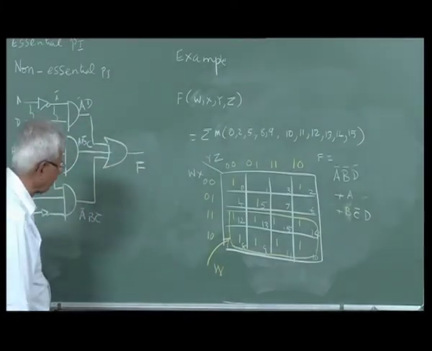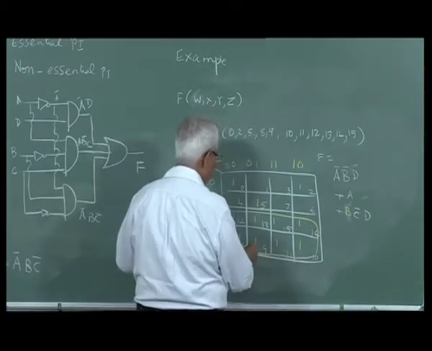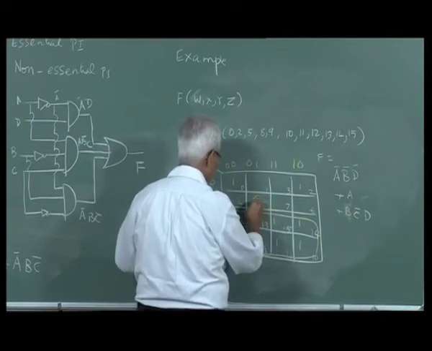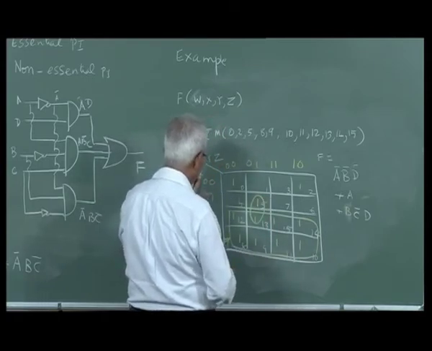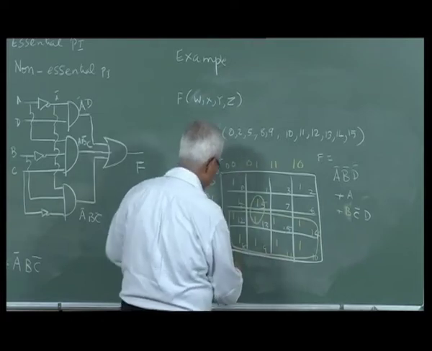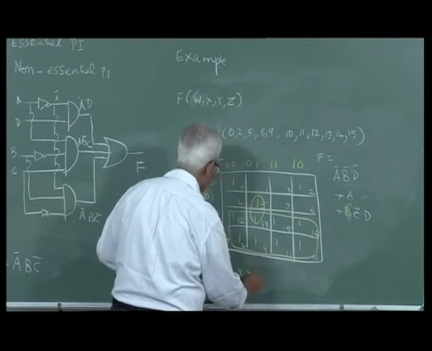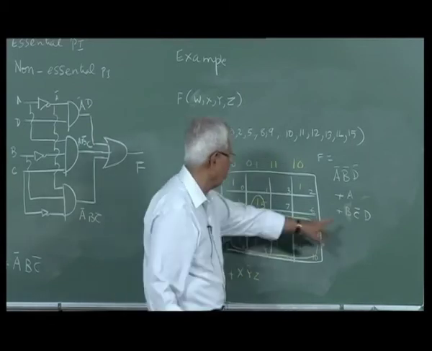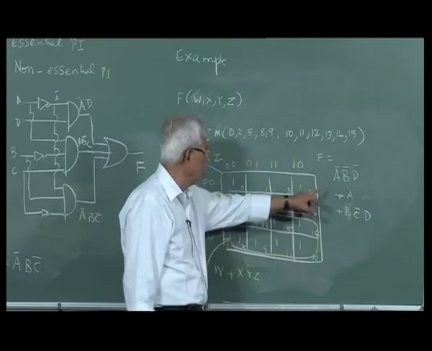Good. Then this one. That is X bar, Y bar, Z. Good. B, C bar, D, the same as this. This one is right.